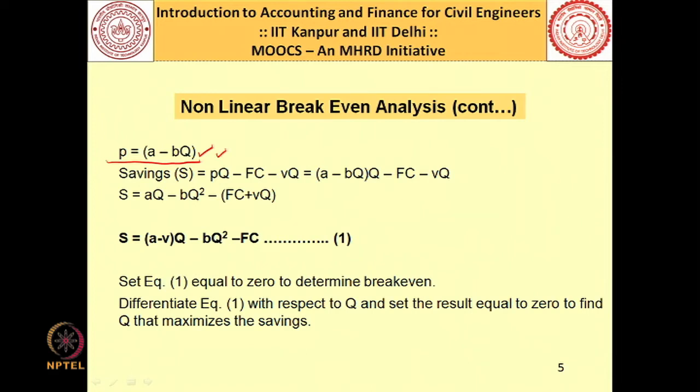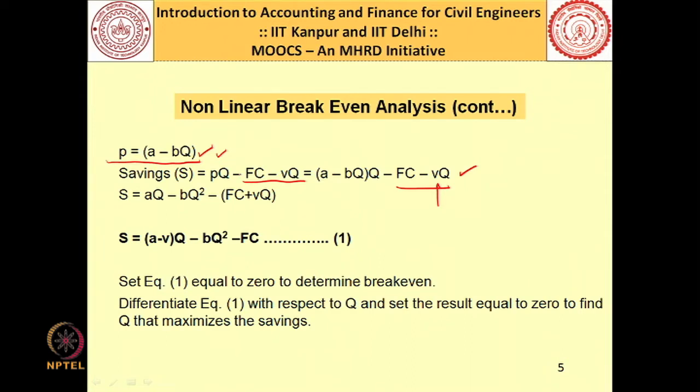Likewise, they will tell you that the total cost is fixed cost plus variable cost, so FC plus VQ, where V is the unit variable cost and Q is the quantity, so total variable cost becomes VQ. The idea is that in some cases we will be directly given these kinds of equations to establish the relationship between sales price and quantity, cost and quantity, and so on.